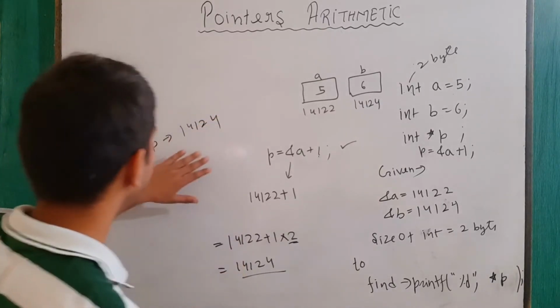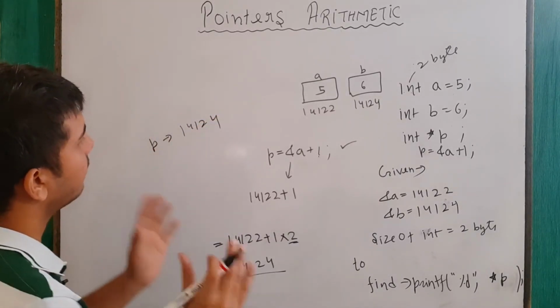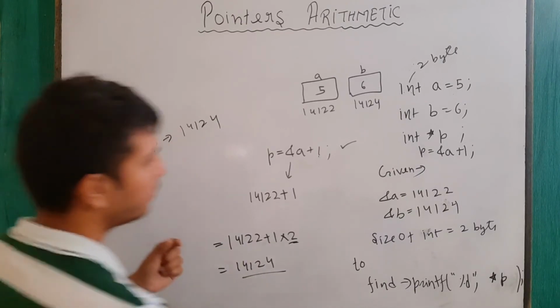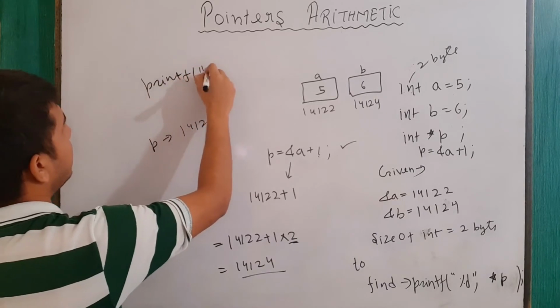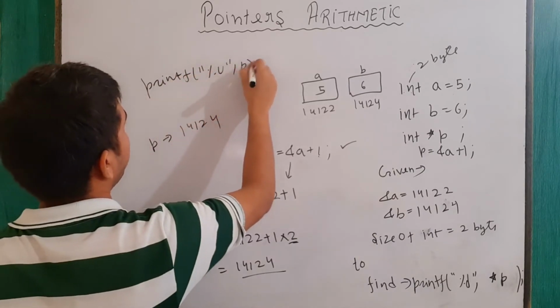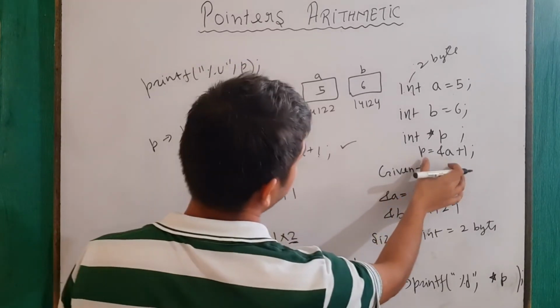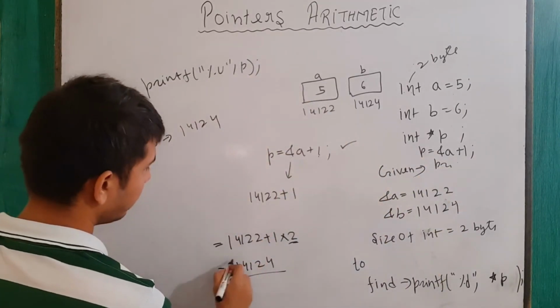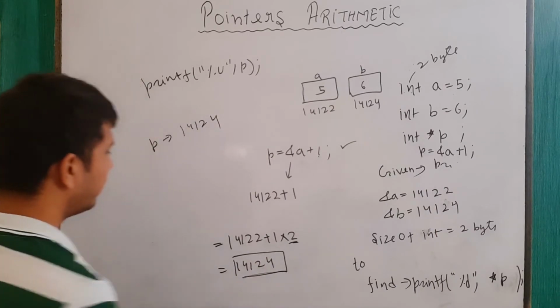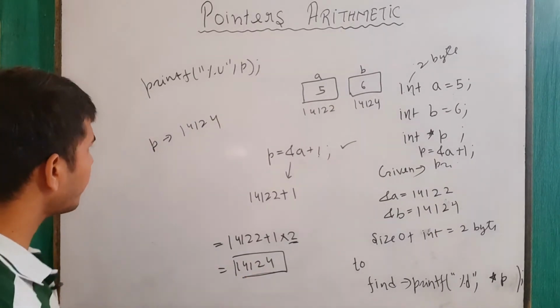Remember that it now has this address. If I print printf %u p after that statement, the output it will give me will be 14124.